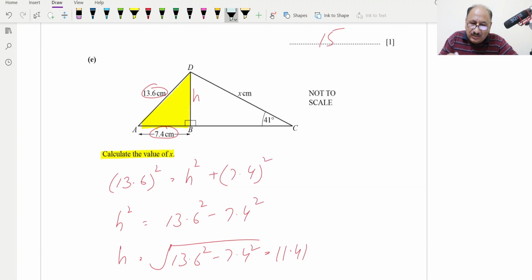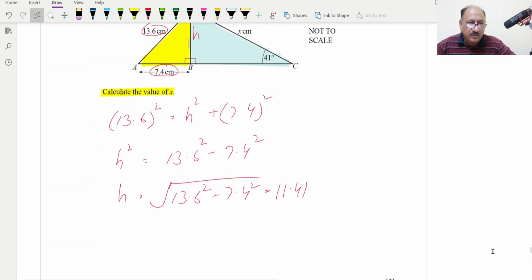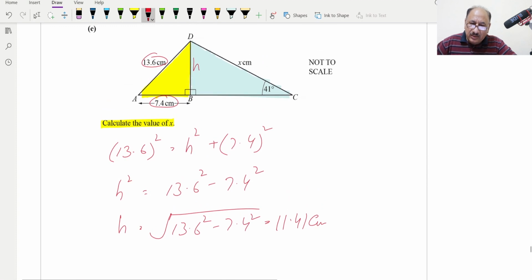Now we can consider this other triangle, and in this triangle we can find the x value by using the h value we just found, which is 11.41, in centimeters. I will write the triangle names over here.